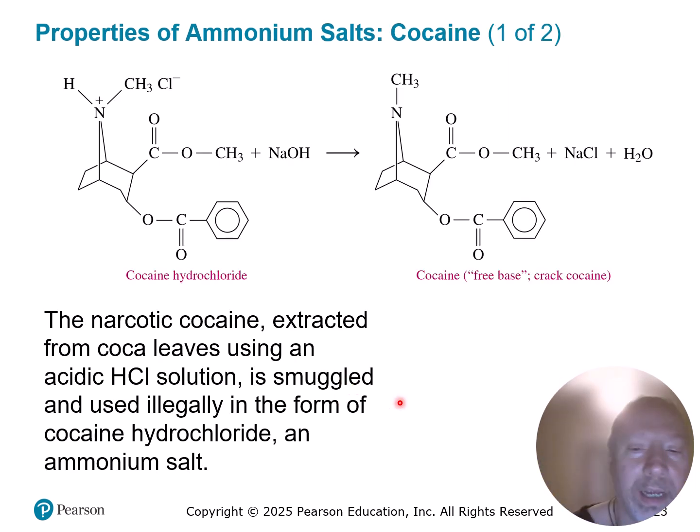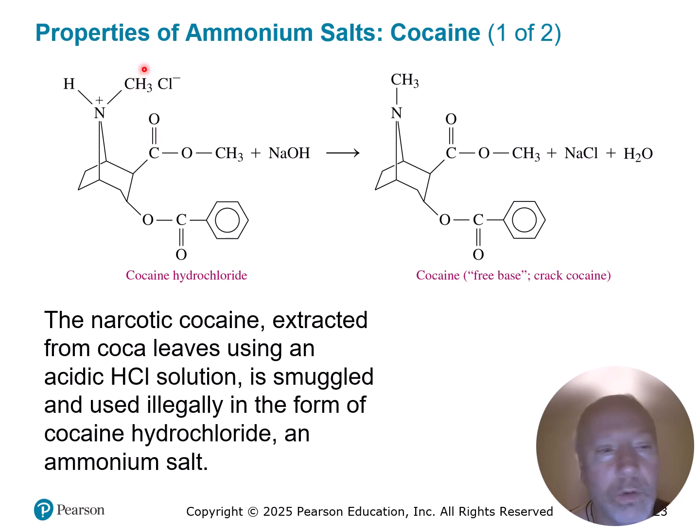Well, this is kind of an illicit drug, and they're just explaining it's the same thing. We're dealing with amines that get protonated, which become ammonium salts. It comes from a plant, right? From a coca plant, coca leaves. So this gets acidified when it gets extracted through an aqueous solution.